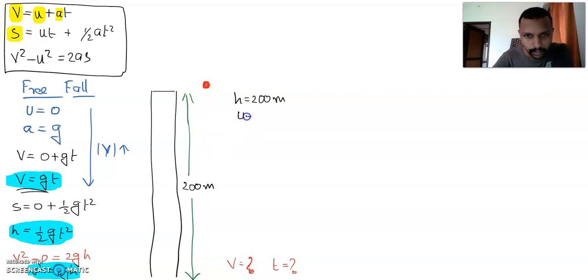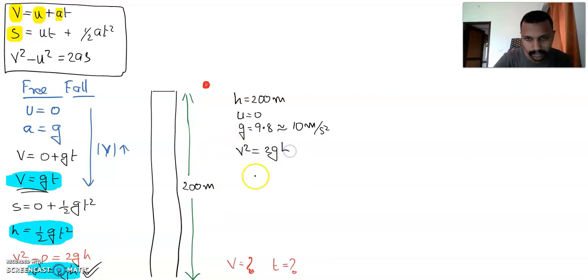Since it is free fall, u is 0 and g can be taken as 9.8. For my simplification, I am taking it as approximately 10 meters per second square. Then we could use this equation to get the final velocity. That is, we could write v square is equal to 2gh.